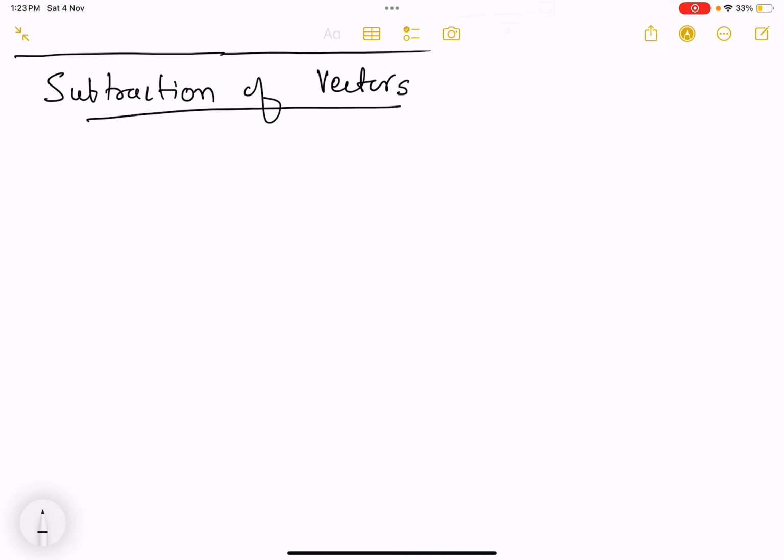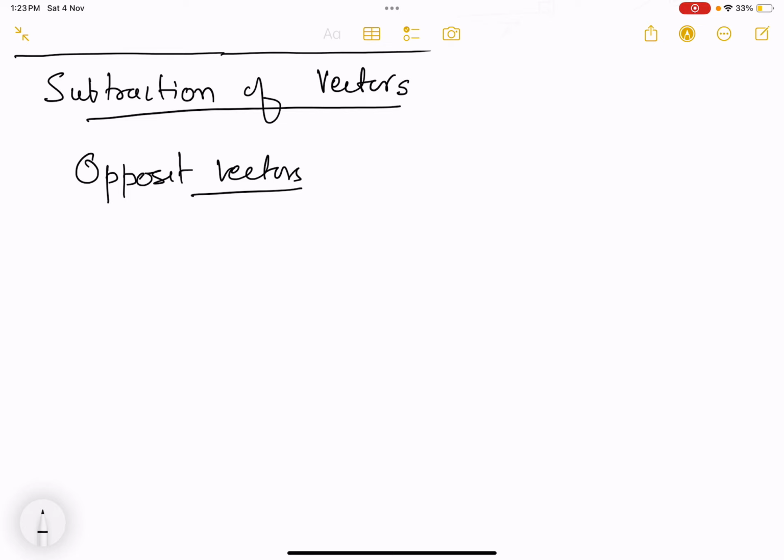Okay. So we now learn subtraction of vectors. Once you have learned addition, subtraction is very easy. We have already learnt something called opposite vectors. What are opposite vectors?